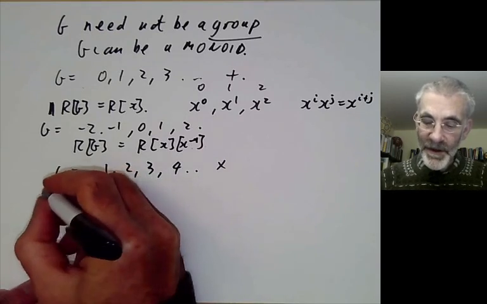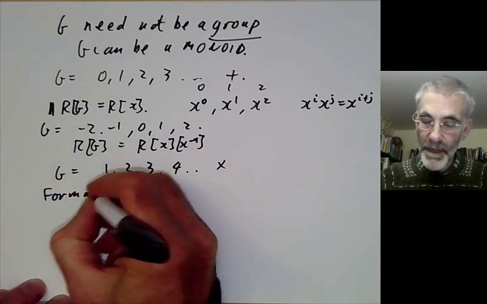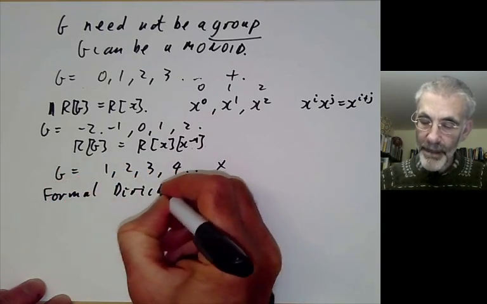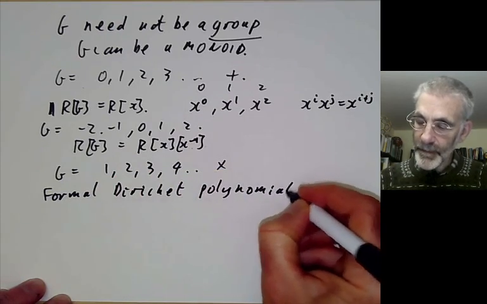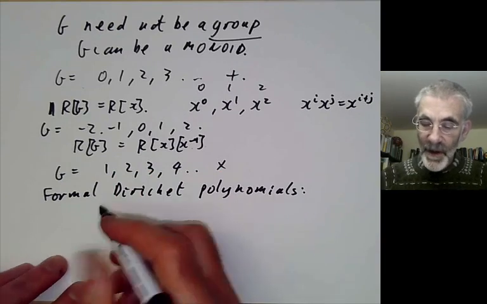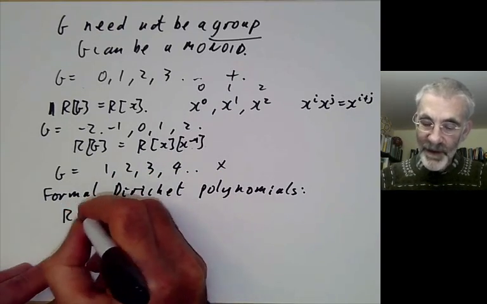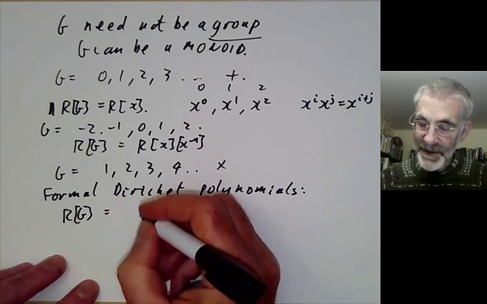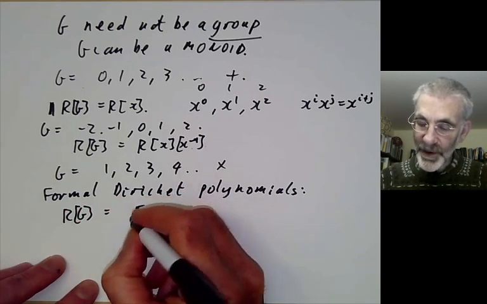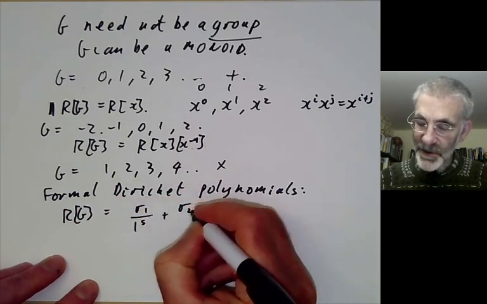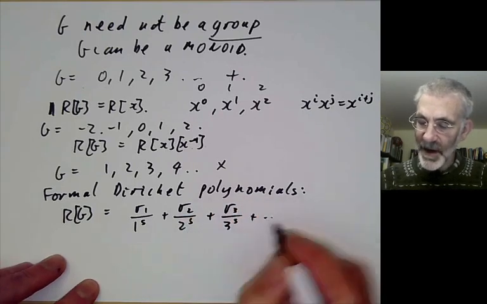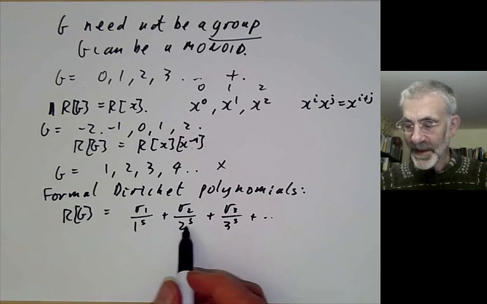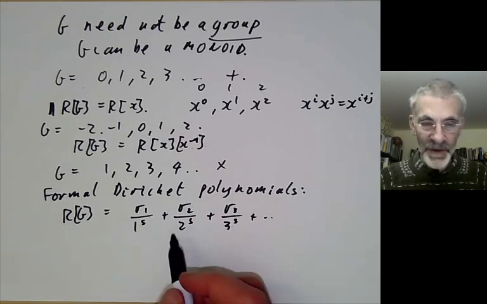Well, what we get are what are called the formal Dirichlet polynomials. So here we think of the elements of R of G as being things of the form r1 over 1 to the s plus r2 over 2 to the s plus r3 over 3 to the s and so on. And we don't think of 1 over 1 to the s and 1 over 2 to the s as really being functions or anything.